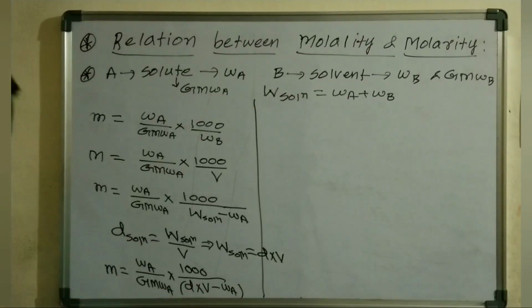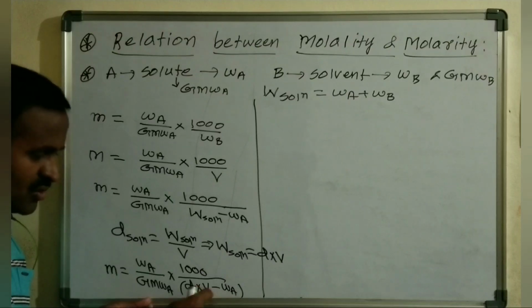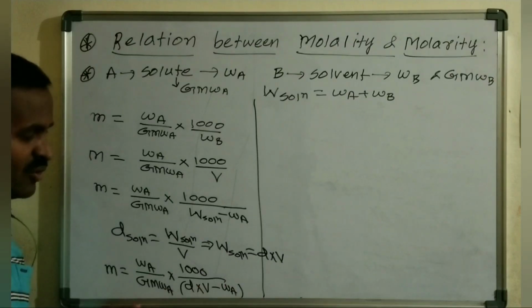In this expression you can take V as common. Then WA divided by V will appear.